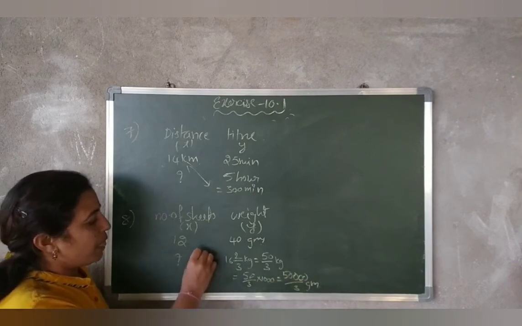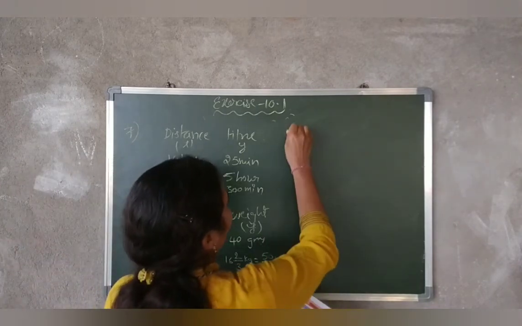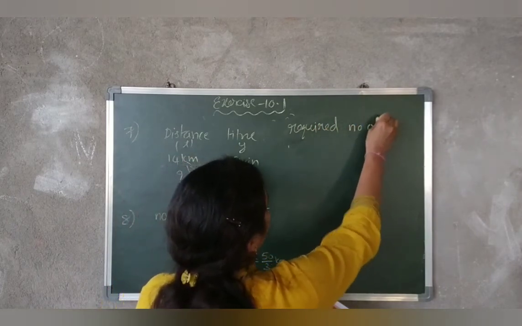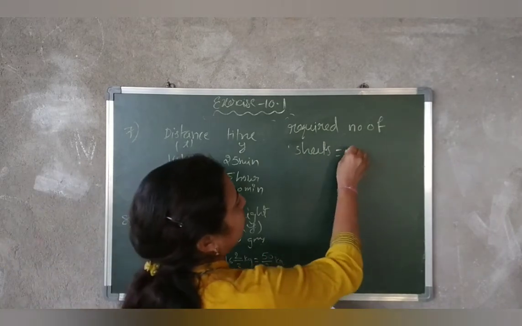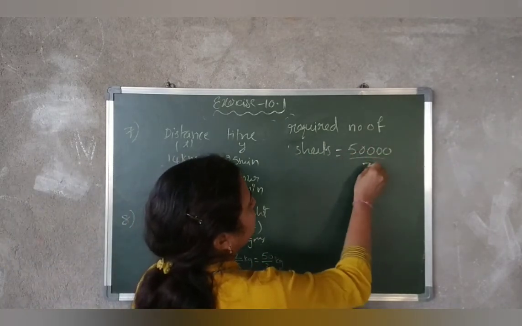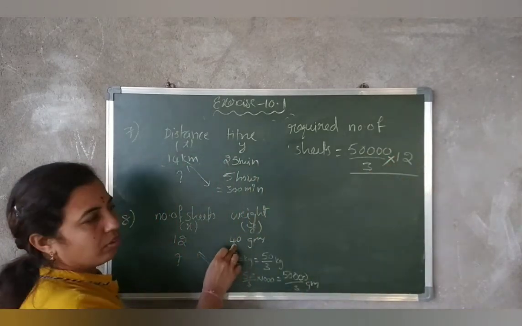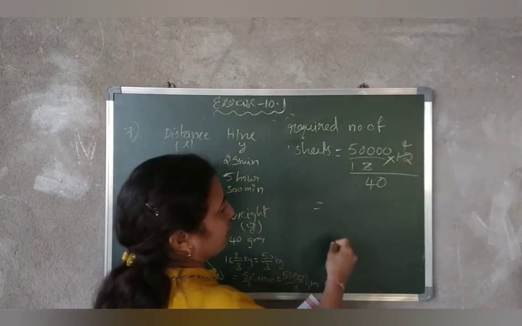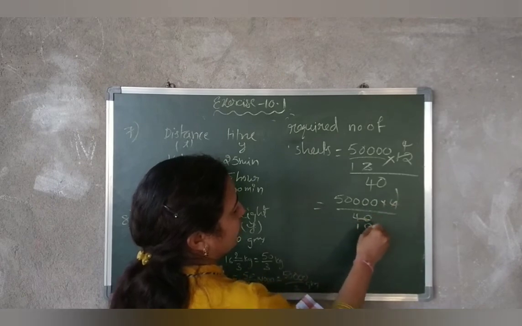Now go for cross multiplication. Required number of sheets is equal to cross multiplication: 50,000 by 3 into 12 by 40. 3 ones are 3, 4 fours are 4 by 40. 4 ones are 4, 10s are 0, 0.